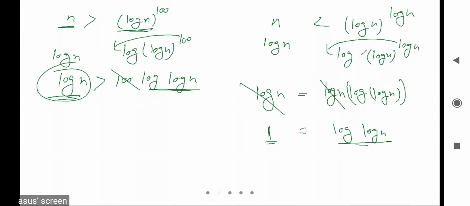Okay, clear, fine. Now let's see some of the properties of log. First thing, if it is log of 4 base 2, then what will be the result of this one?